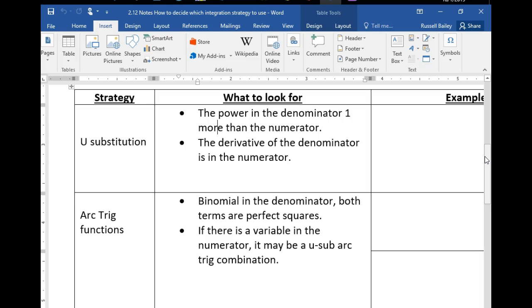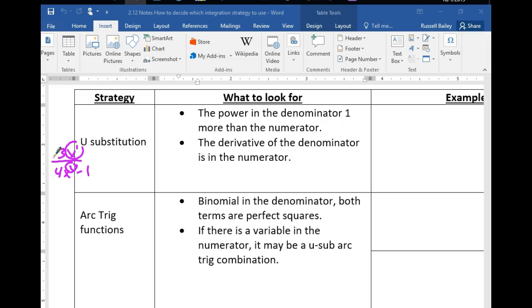So first of all, if the power in the denominator is 1 more than the numerator. So for instance, suppose you had something like this, 3x over 4x squared minus 1. If the power in the denominator is 1 more than the power in the numerator, then that's going to be a u substitution problem where you make the u equal to the bottom.